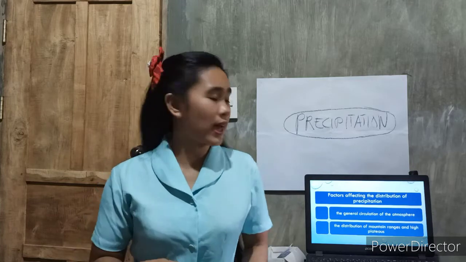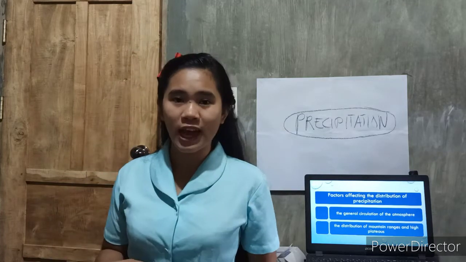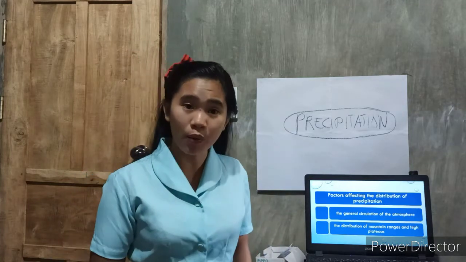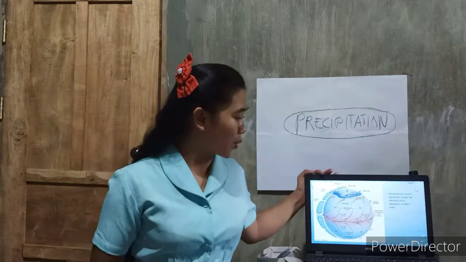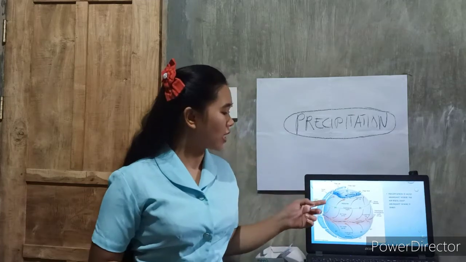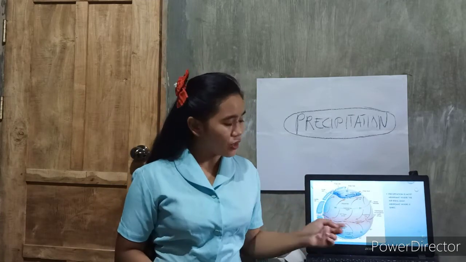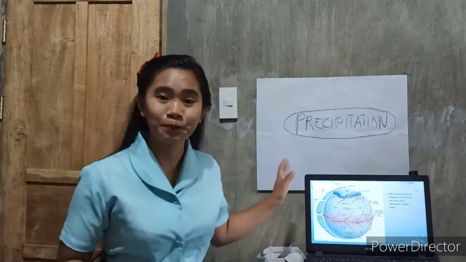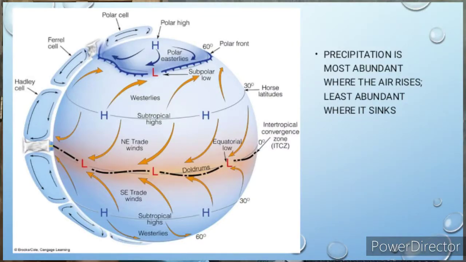Let us first look at the general circulation of the atmosphere, if you can still remember our previous lesson. How do you call this model of the general circulation of the atmosphere? Exactly, very good.